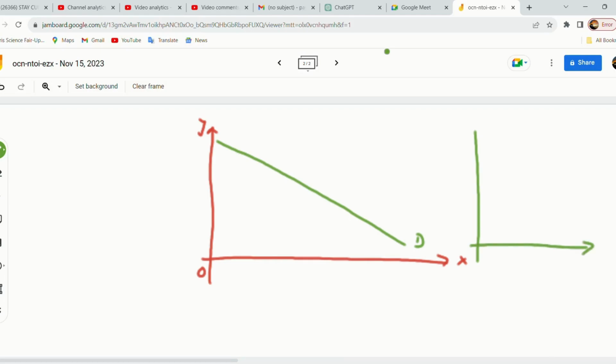The function given in the question is basically a quadratic demand function. On the y-axis we take price, and on the horizontal axis we take quantity demanded, or quantity traded in the market, basically how much quantity is traded in the market.